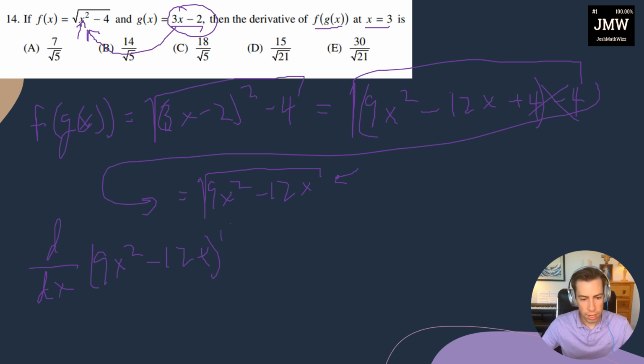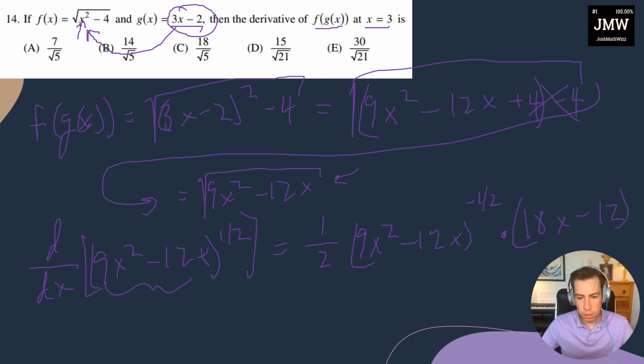This is all to the 1/2 power. The first thing I'm going to do is use the power rule. I'm going to bring down that 1/2, then subtract 1 from the exponent. I'll have 9x squared minus 12x, all to the negative 1/2. And then I need to multiply it by the derivative of the inside, and the derivative of the inside is going to be 18x minus 12.